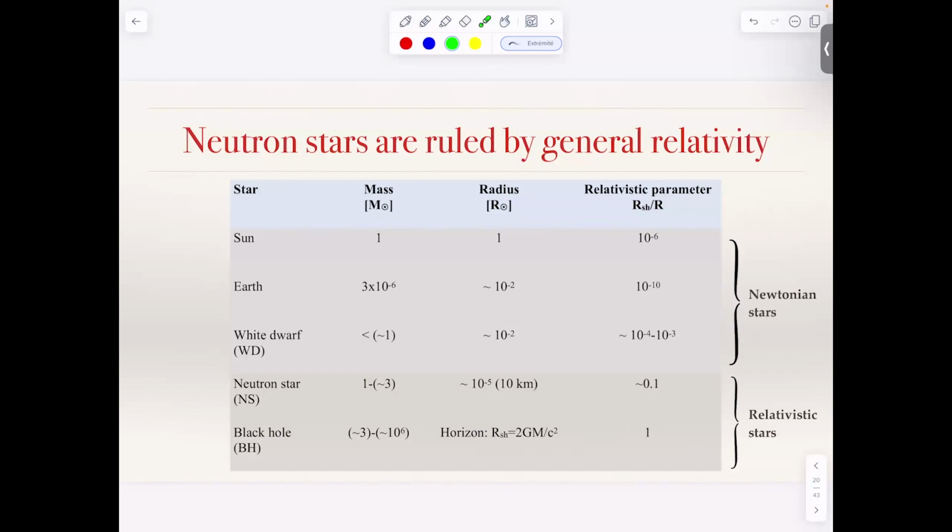And this Schwarzschild radius is 2 times G times the mass of the star divided by c squared.